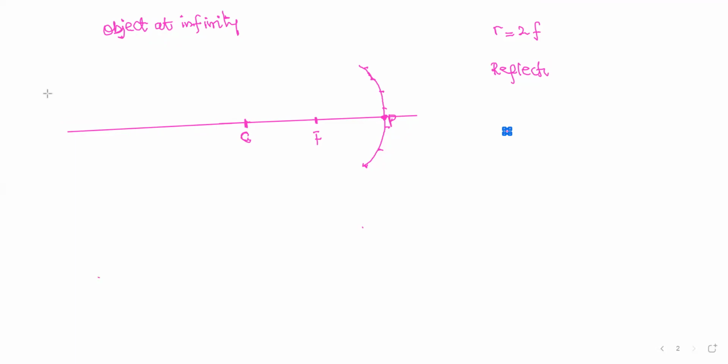Okay, so this is how we do that. A ray of light which is passing through the focal point from wherever the object is.